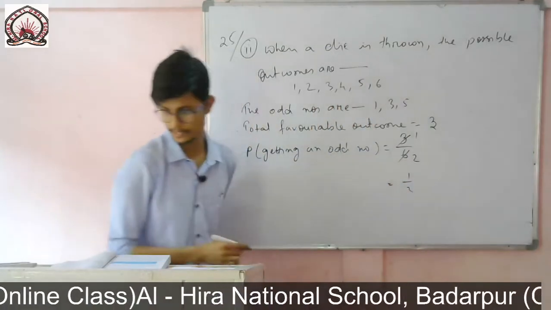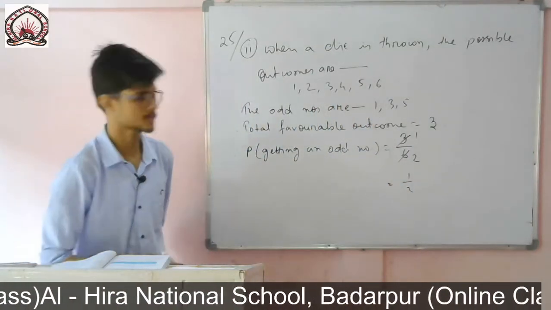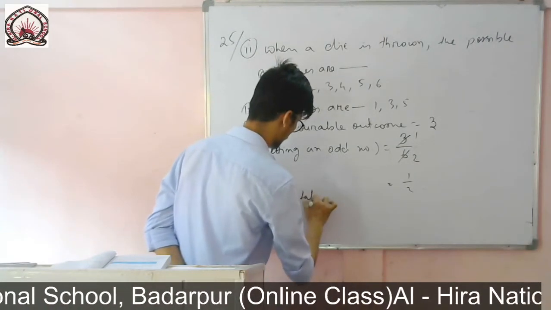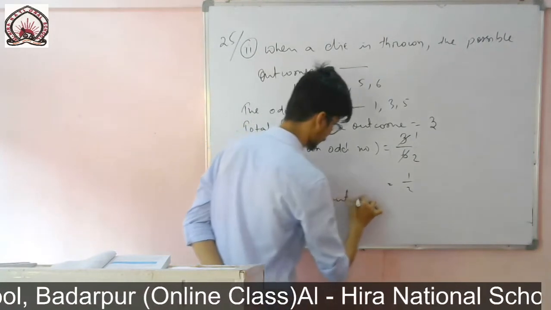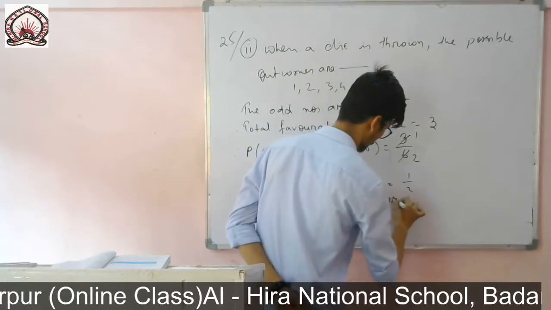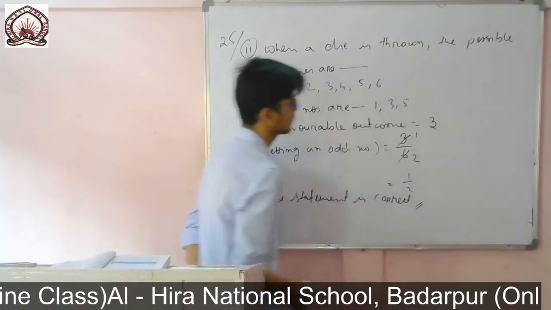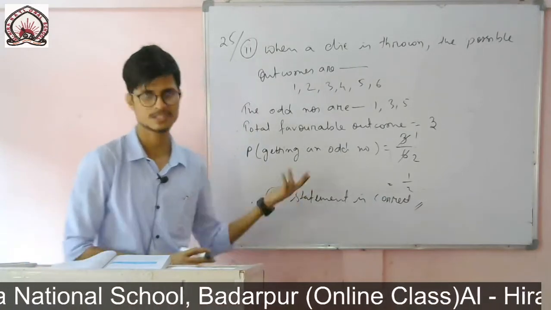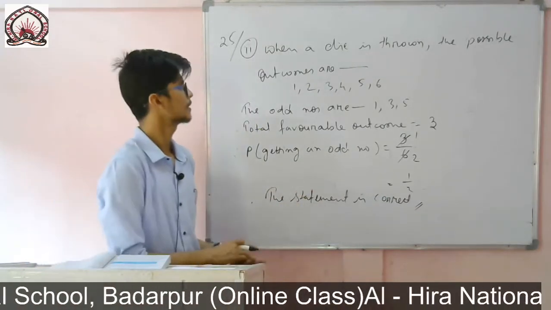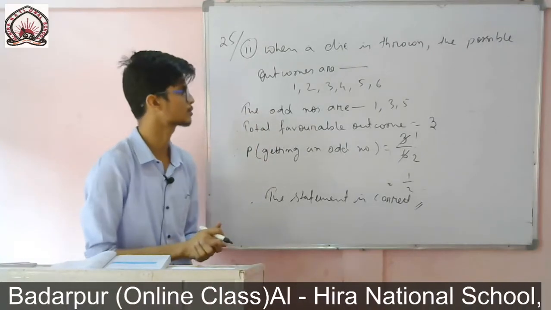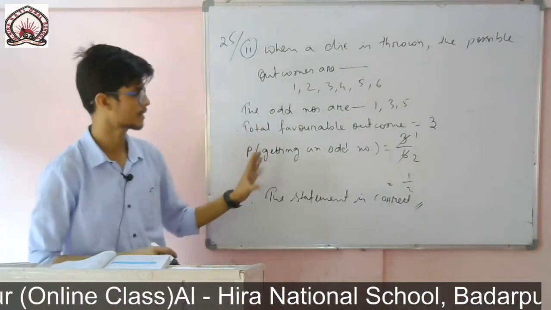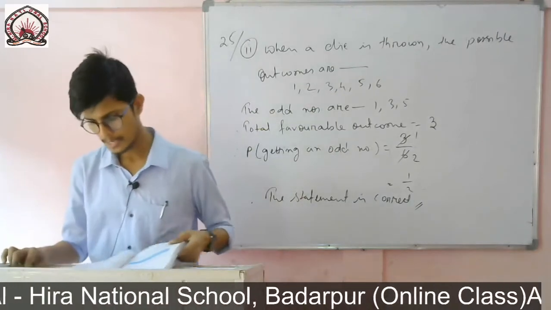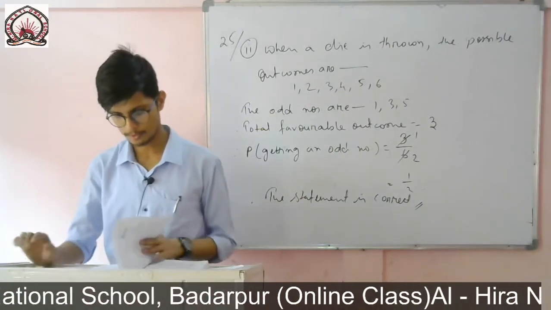And in the book also it is given 1 by 2. That means the statement is correct. Therefore the statement is correct. There are other ways of showing this theoretically, but I think this is the easiest way to show. Directly you find it, and if it is matching, then you can say directly that yes, the statement is correct.